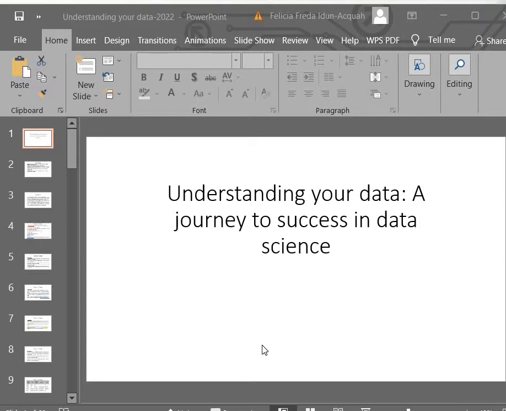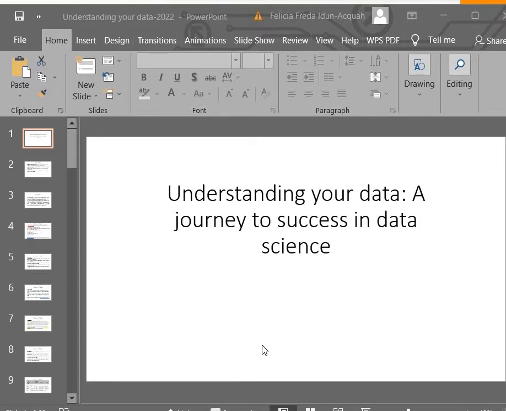In social science, it is important we understand that to be successful as a researcher, your journey begins with understanding the nature of the data that you are dealing with. If you understand your data, it will inform you as to the type of statistical techniques that you have to apply, given the nature of the objective that you have formulated.